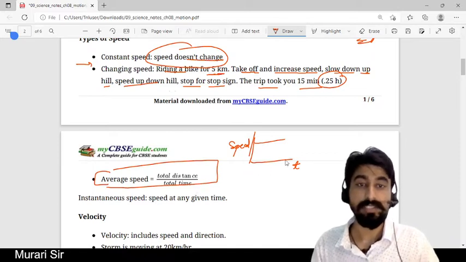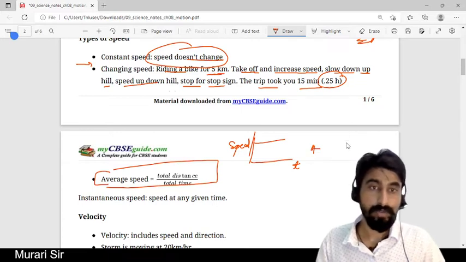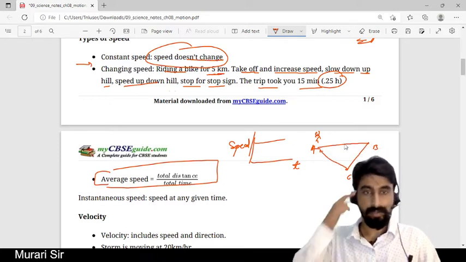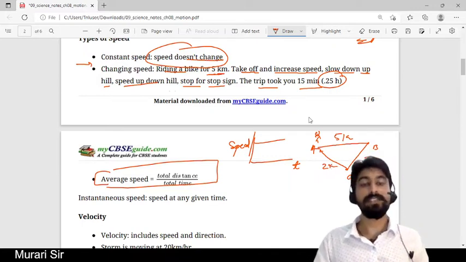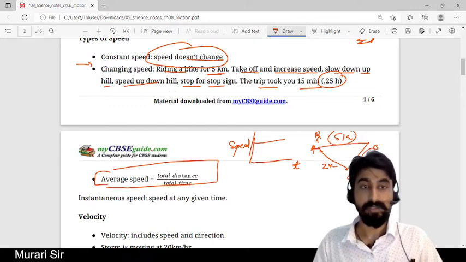Total distance means suppose there is a journey from A to B and then C. There is a person. Okay, so here you can consider a person. He's going from A to B and then from B to C and then coming back to A. So in this, suppose he has taken 5 kilometer A to B, 3 kilometer B to C, and then 2 kilometer C to A. So in this, we have to consider all the distances.